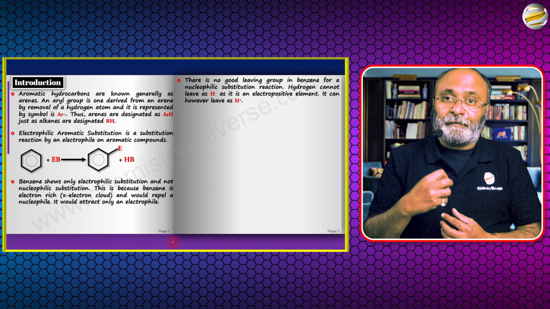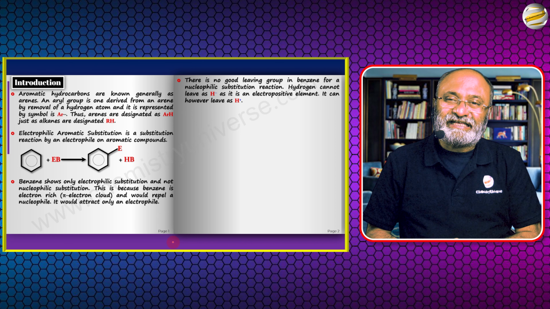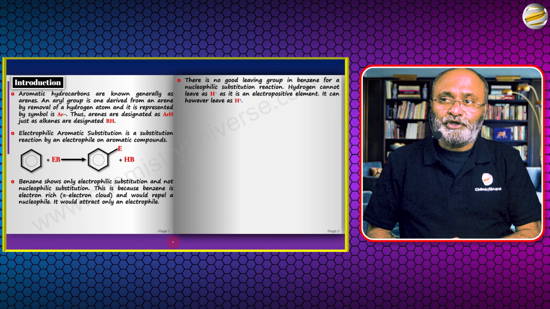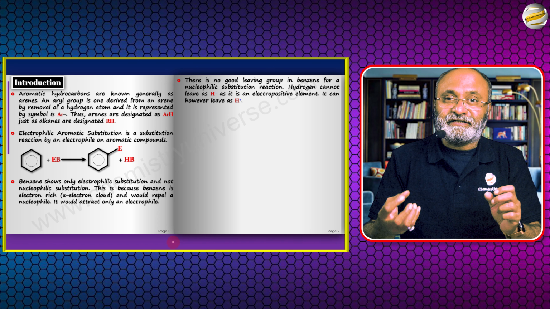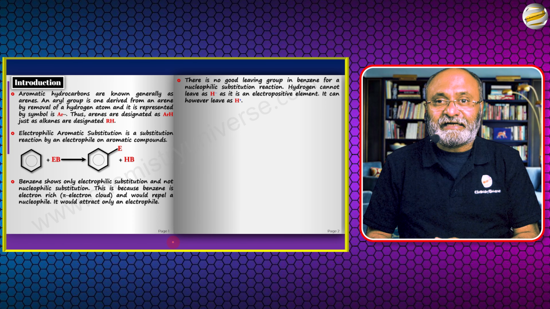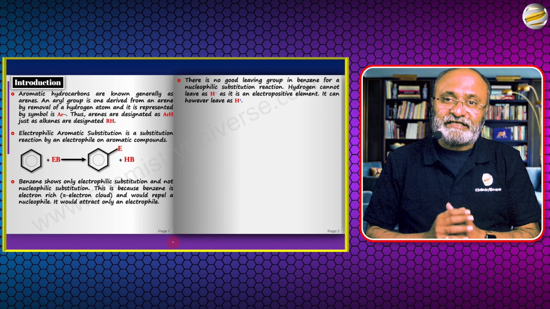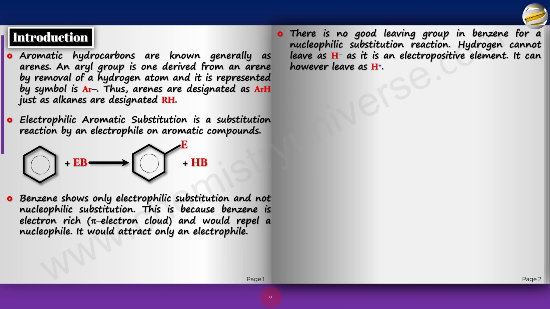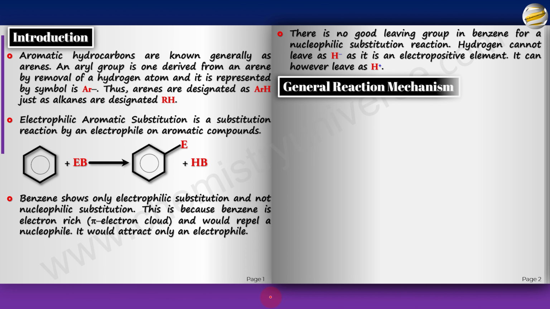But H- on the other hand is very, very difficult to get. There are only a very few species which can give H-, mostly metal hydrides. And therefore, you will not find a nucleophile coming in and benzene losing an H-. So that is the second reason why aromatic rings, especially benzene, do not show nucleophilic substitution. Alright, so let's look at the general reaction mechanism.